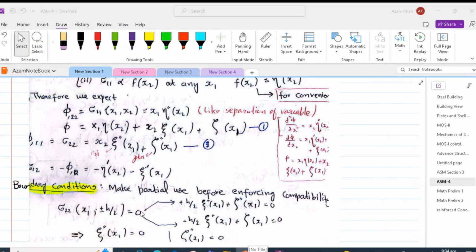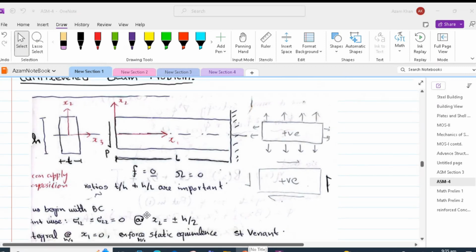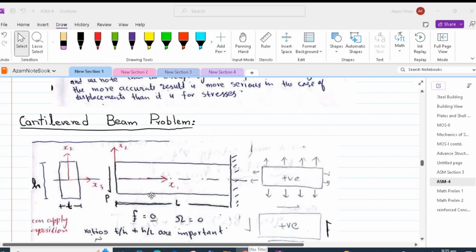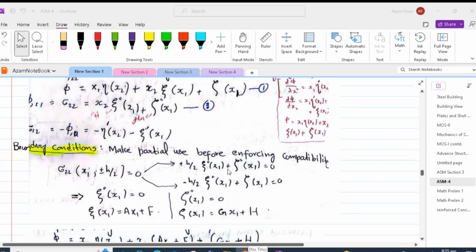So this is a boundary condition. It says that for any x1, at the minus h by 2 and plus h by 2 boundaries, there is no applied traction, so therefore everything is taken as 0.